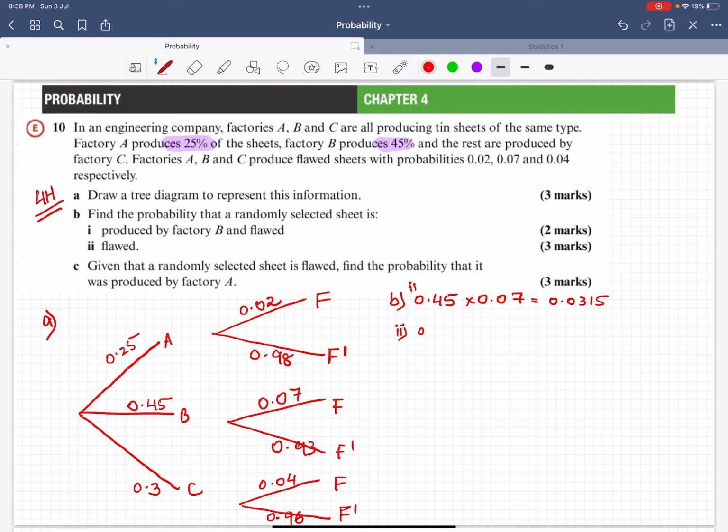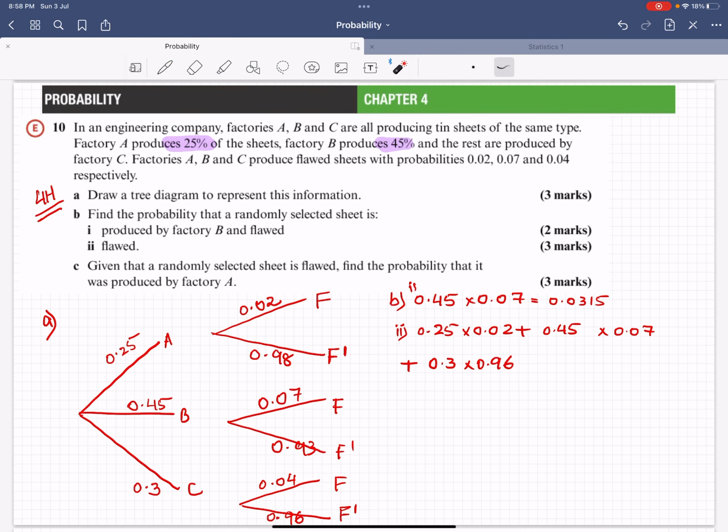So we have 0.25 into 0.02 plus 0.45 into 0.07 plus 0.3 into 0.96.